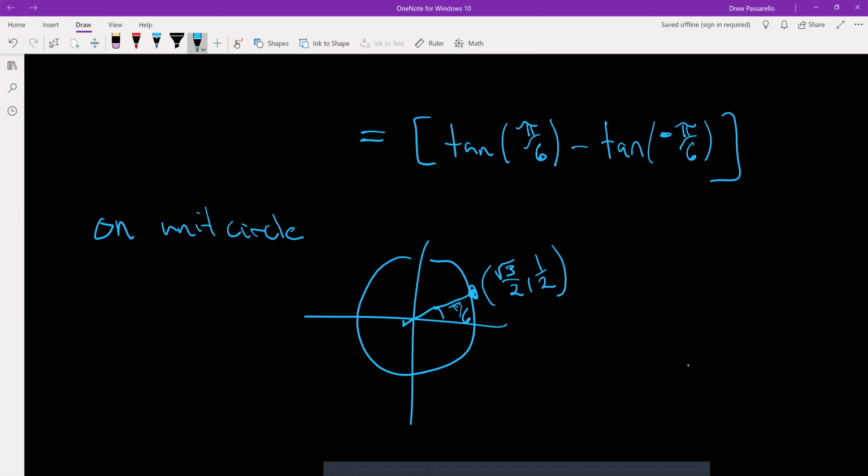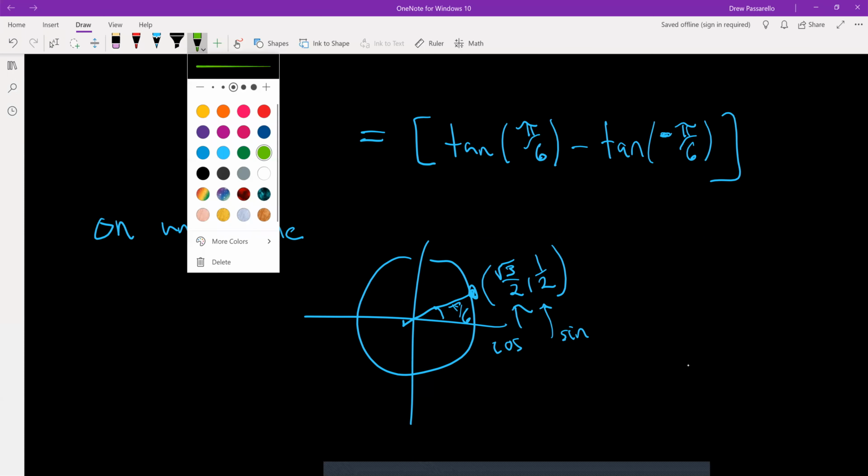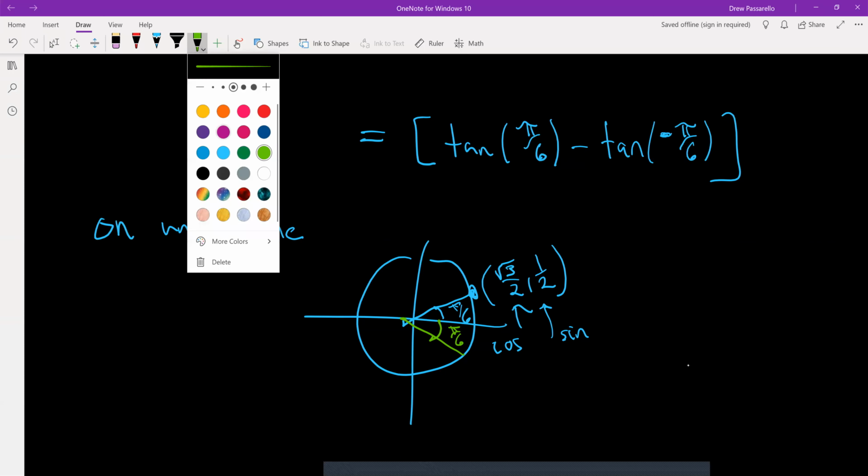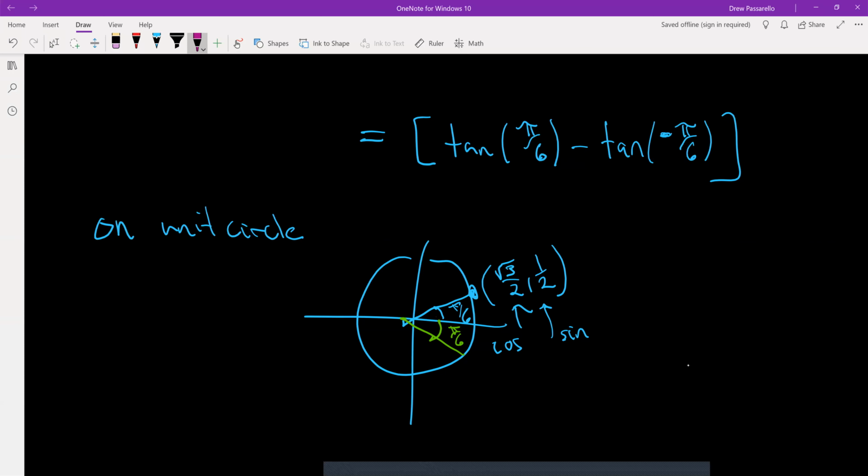All right, and we know cosine is the x-coordinate, sine is the y-coordinate. At negative pi over 6, that's going clockwise pi over 6. So it's going down pi over 6 in the other direction, which is the same thing as going counterclockwise, the normal way that we would go, to 11 pi over 6.